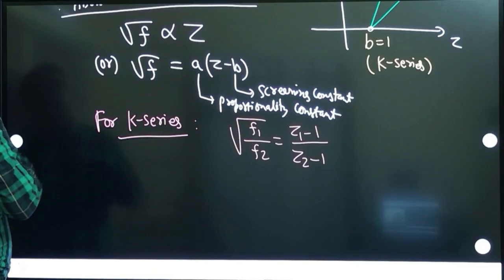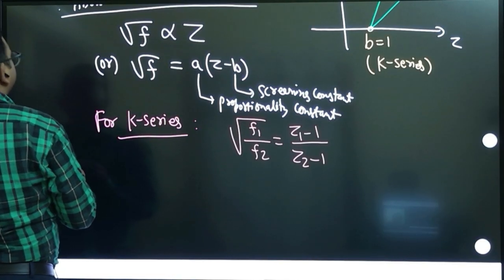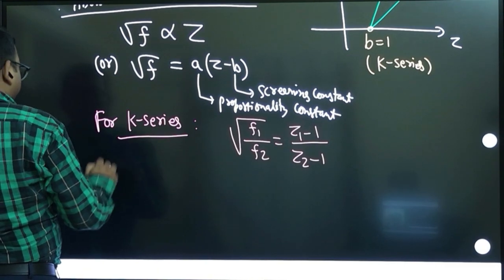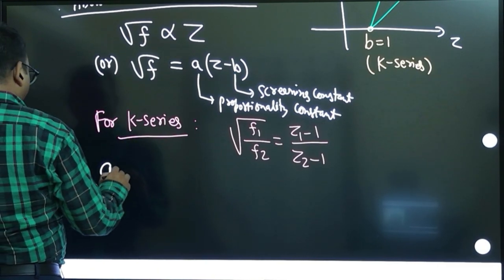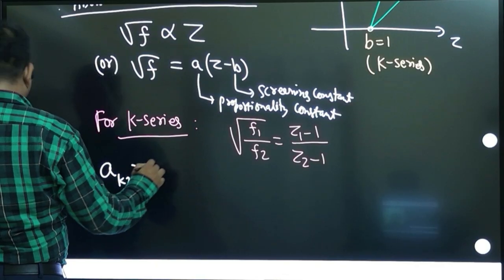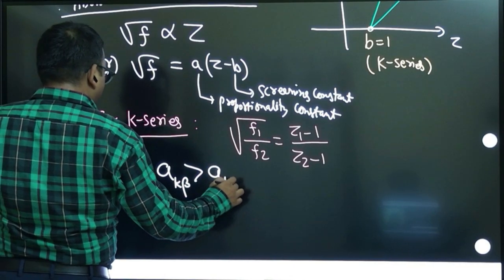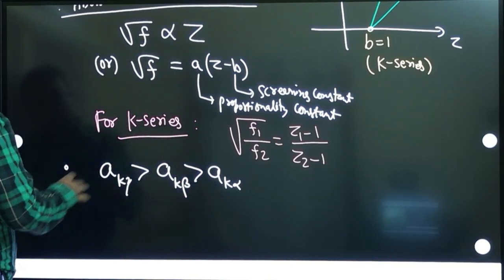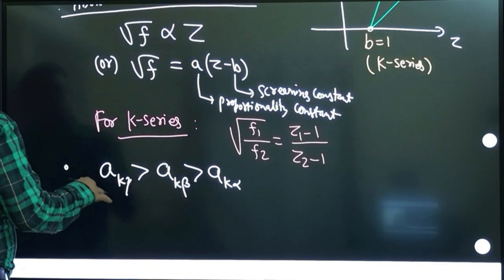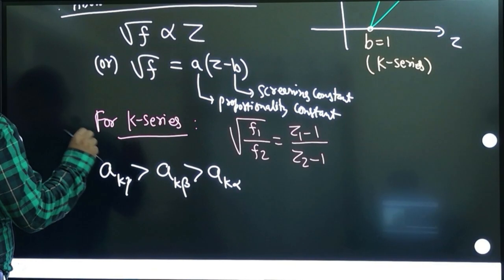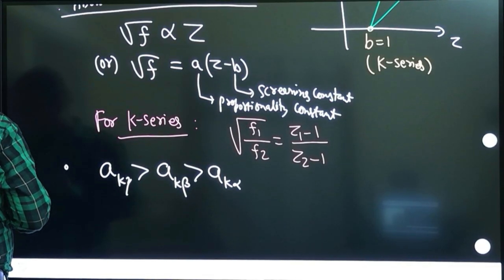What about the constant a? That also you note that constant a for K gamma is greater than K beta is greater than K alpha. Values of a are different, constant of proportionality.